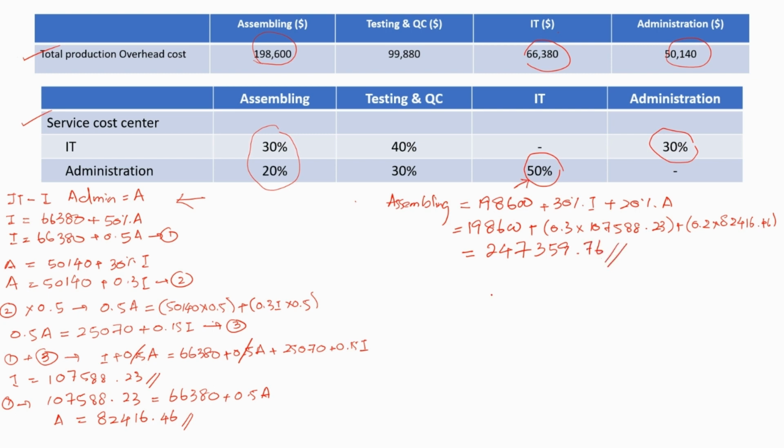This is the total amount after the reapportionment. Now let's calculate for the testing and quality control. This is equal to the allocated amount 99,880, which is this amount, plus the reapportionment amount from the service cost centers.